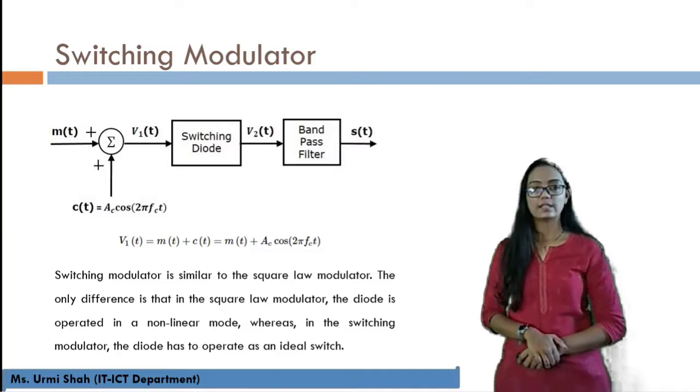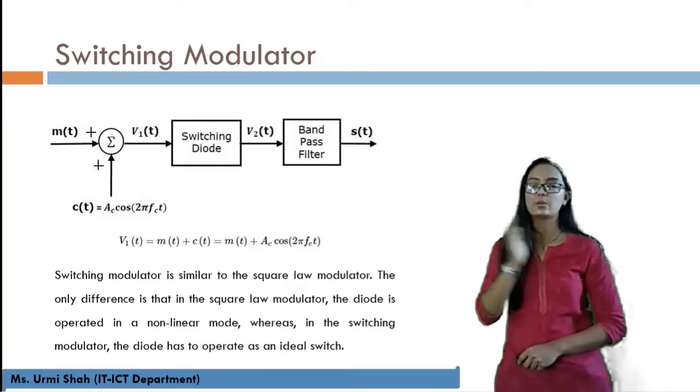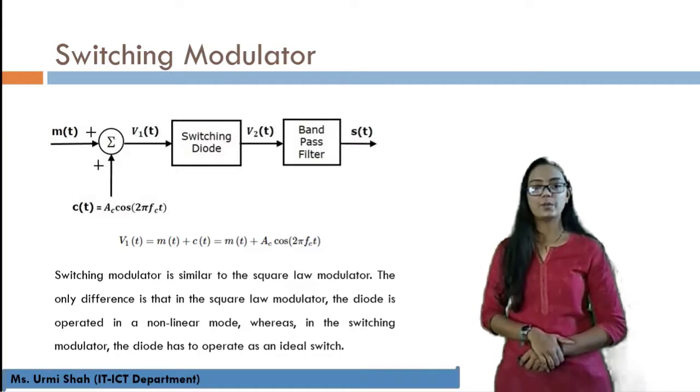V1 of t is the same as we have seen in the previous square law modulator, that is M of t plus C of t is equal to M of t plus AC cos 2 pi FCT. Again this switching device transfers V2 of t, the output of the switching device, to the band pass filter, and it generates the final modulated signal.